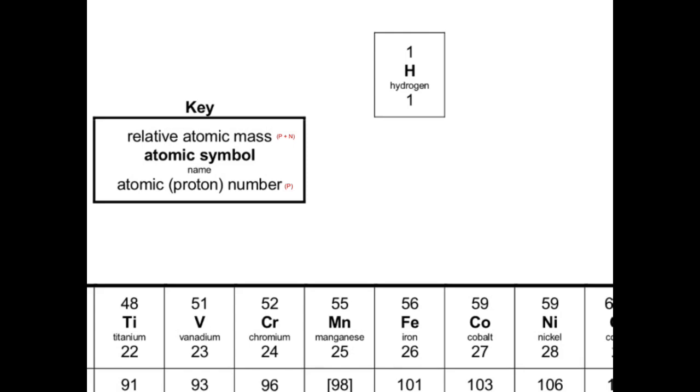So for example, chromium has a proton number of 24, so it has 24 protons in its nucleus, but also 24 electrons outside its nucleus, because if you remember, I said there's no overall charge on an atom because the number of electrons and protons are always balanced. But by definition, if you just say, what does the atomic number tell you? It tells you the number of protons in the nucleus of an atom.